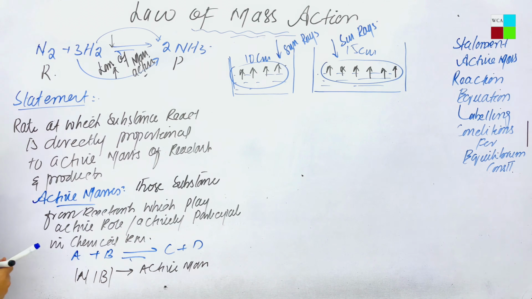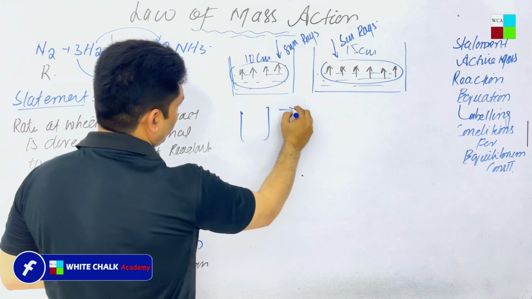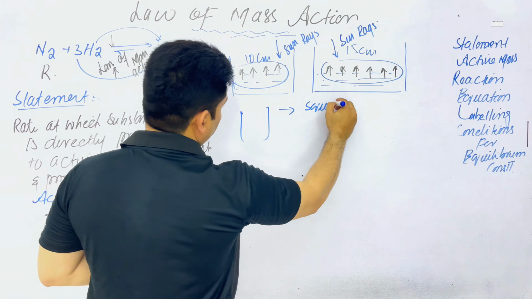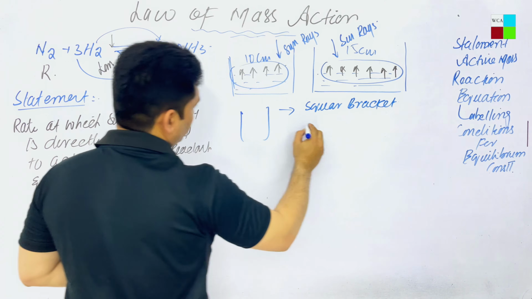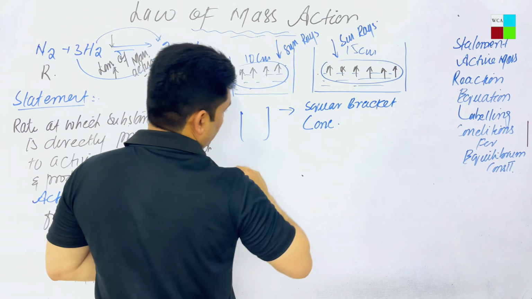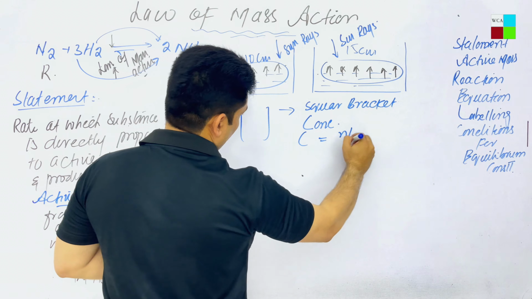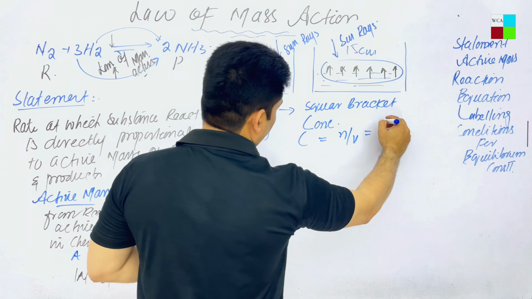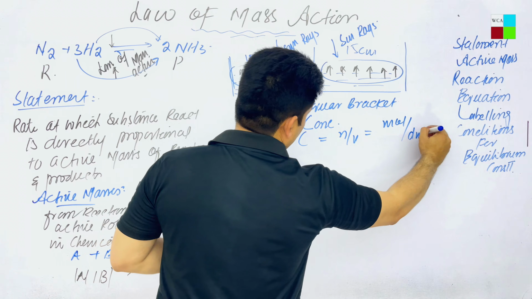Now what does that bracket mean? This square bracket shows concentration. We can show concentration with C, which is equal to n by V, where n is the number of moles, having unit mole, and V is volume, having unit dm cube.